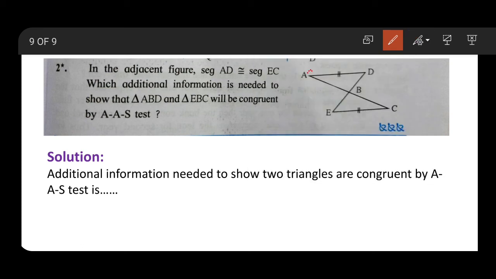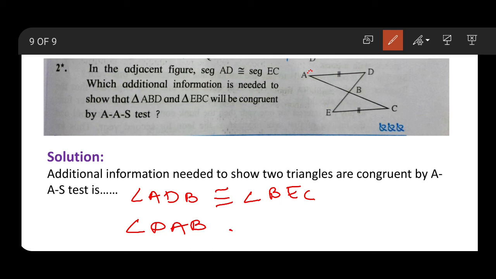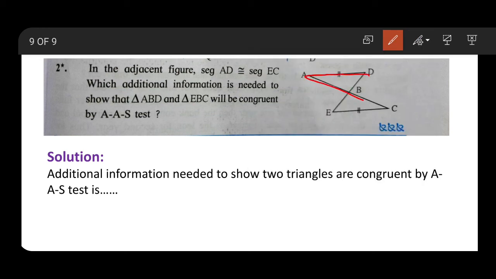We'll start with angle ADB is congruent to angle BEC, and another information required is angle DAB is congruent with angle BCE. It means a Z forming, this angle will be congruent to this angle, and this Z, this angle will be congruent to this angle.